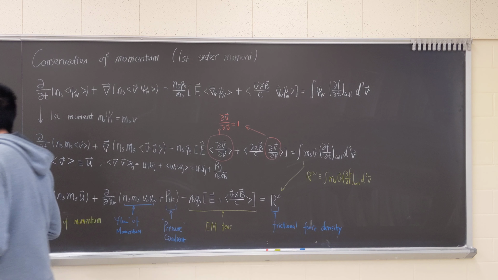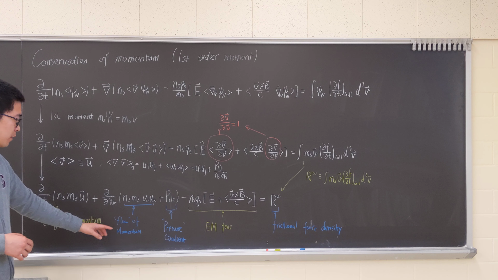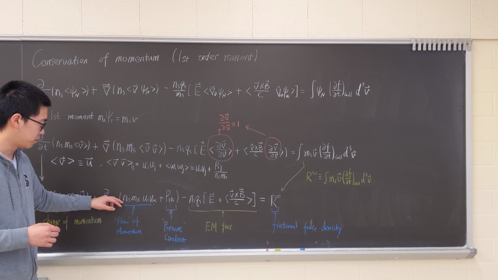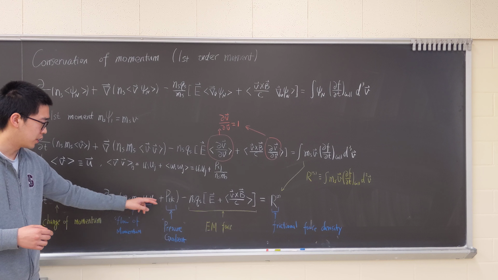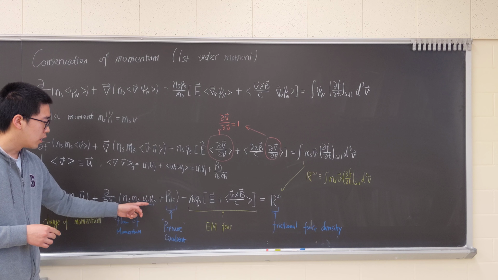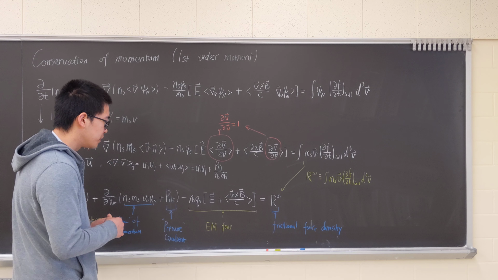So let's have a physical understanding of each term. The first term, obviously, is the density multiplied by the velocity u, and the time change of that is of course the change of momentum in terms of time. And this, you can think of as the momentum, and we have another velocity here.